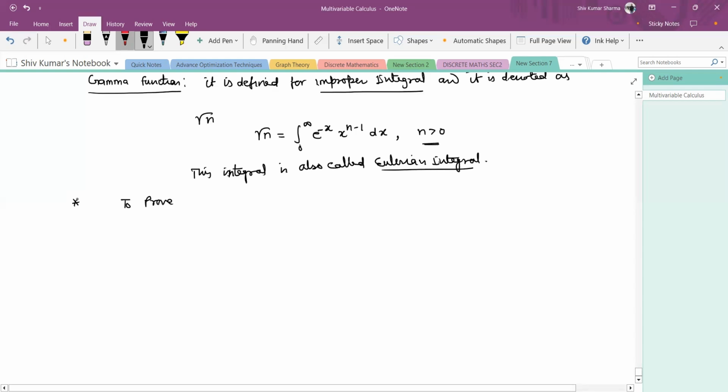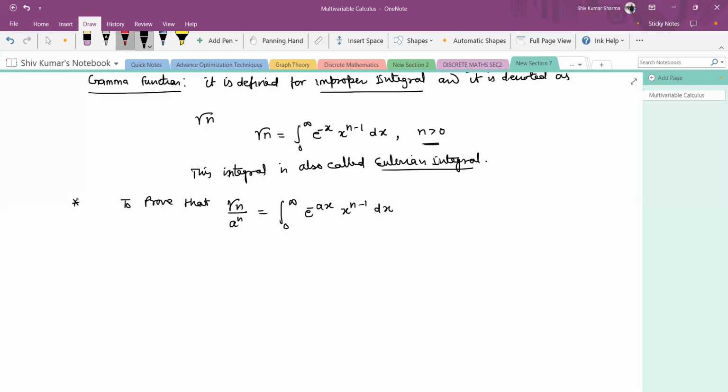To prove that gamma n upon a raised to the power n is equal to integral 0 to infinity e raised to the power minus ax, x raised to the power n minus 1 into dx. This is the second definition, and sometimes we use this definition in various problems.